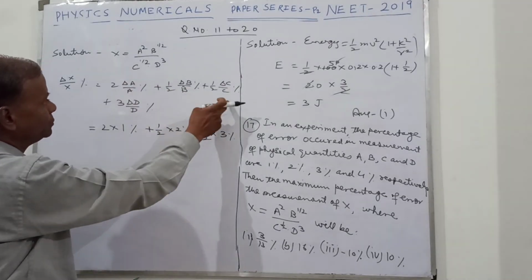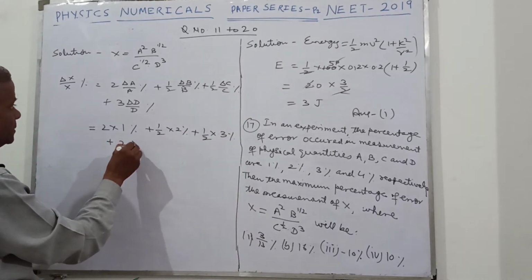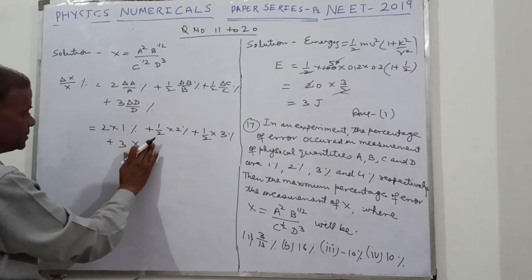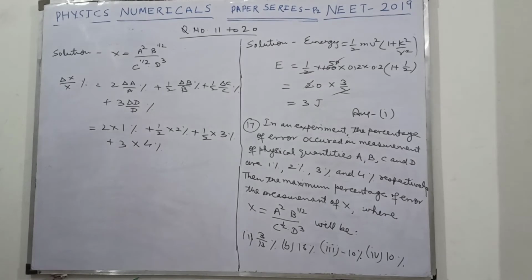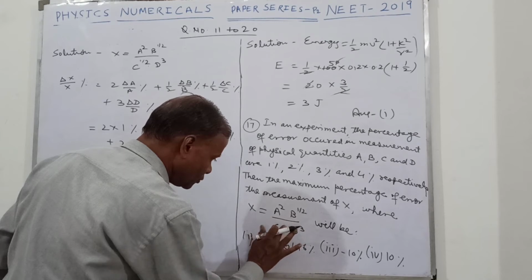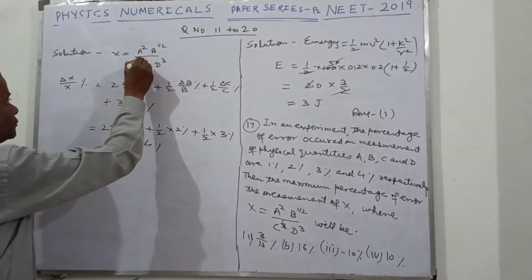Delta C upon C is 1 by 2, 1 by 2 delta C upon C 3 plus 3 into this is now your 4%. So delta C, this is your what? C is given to be 1 by 3, not 1 by 2. This is 1 by 3.